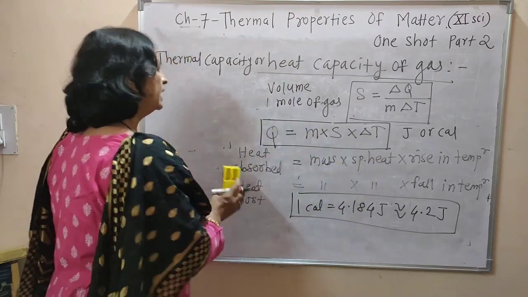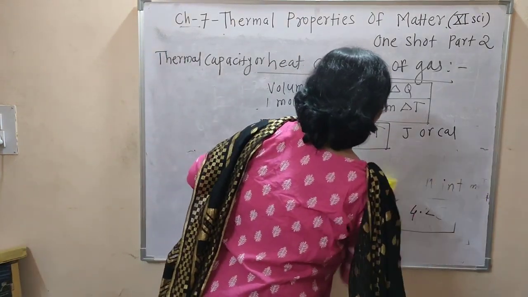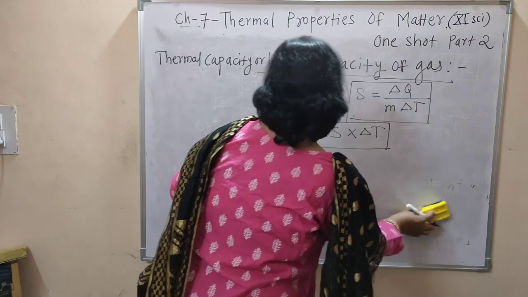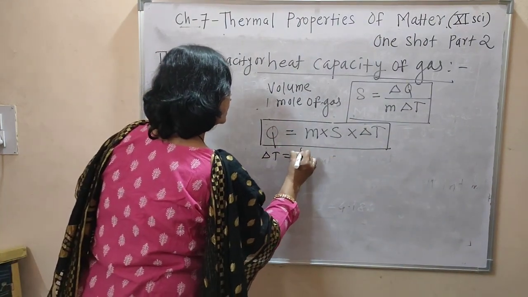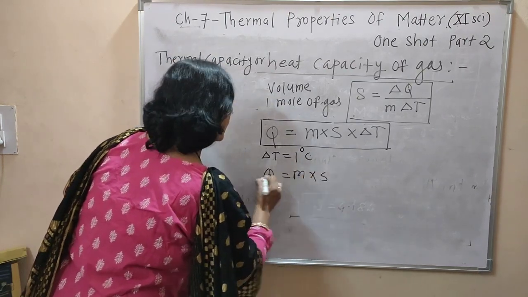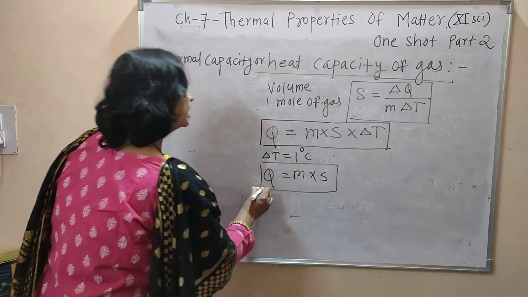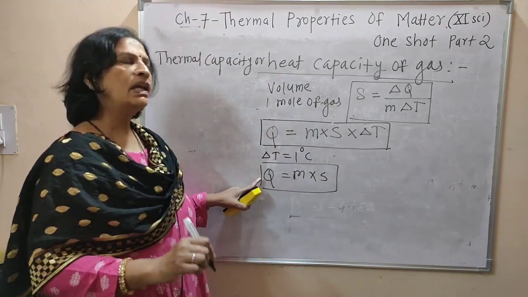Means when delta T is equal to 1 degree, at that time Q is equal to M into S, and this is called the heat capacity, or it is also called thermal capacity.